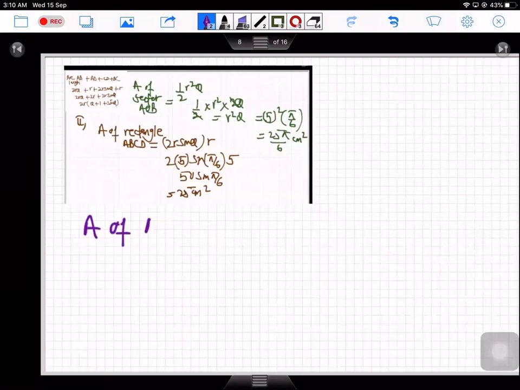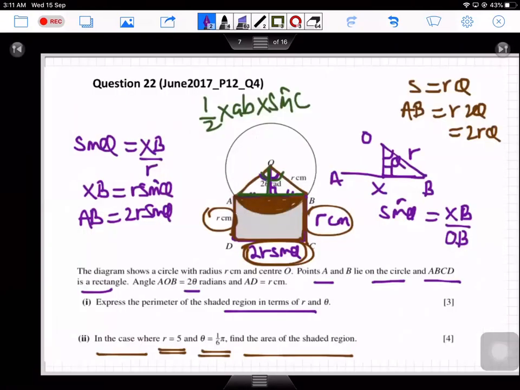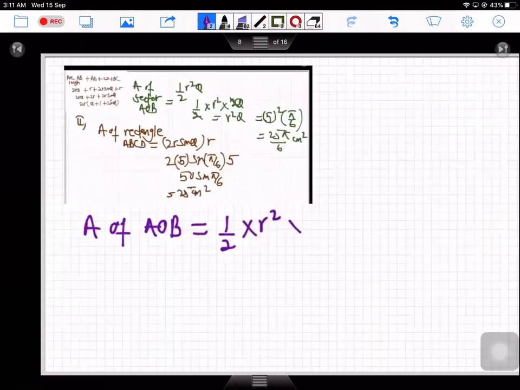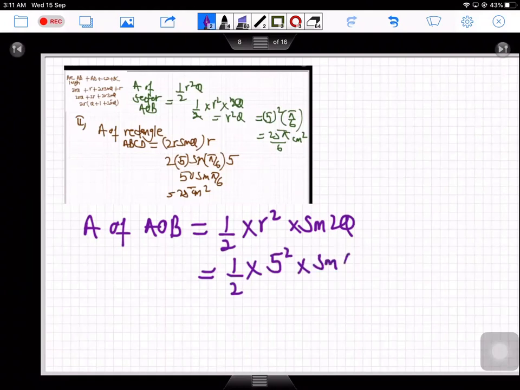Area of triangle AOB. Half into AB into sine C, so half into R, meaning half R square, multiplied by sine 2 theta. And we are dealing with the case where R is equal to 5 and theta is equal to pi over 6. So sine 2 pi over 6.